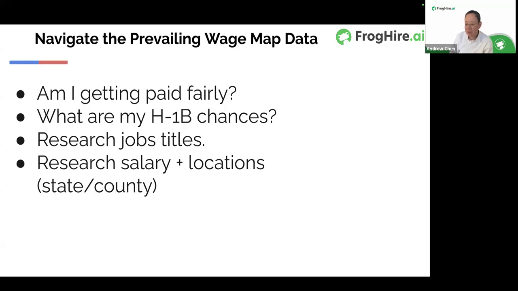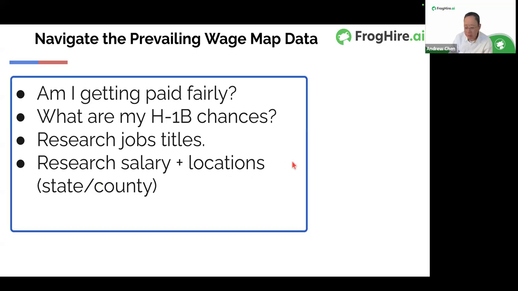A lot of times you are lucky if someone hires you, but before the March 1st lottery, you want to know what your chances are. If you want to talk to your boss, you had better talk to them now, and research job titles and salary plus location combinations.